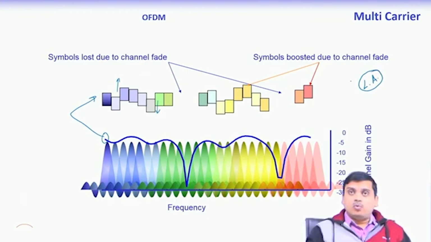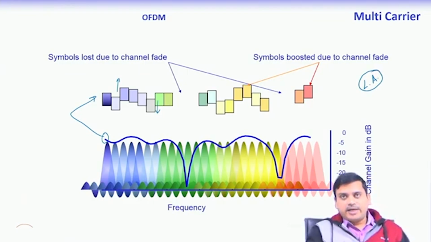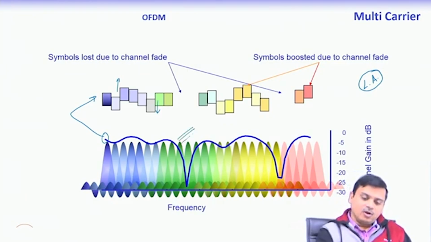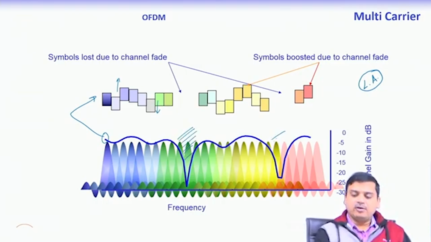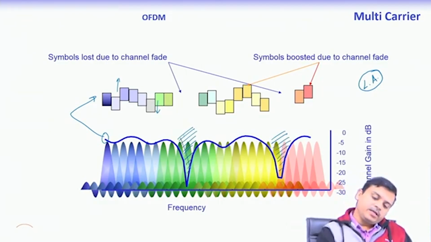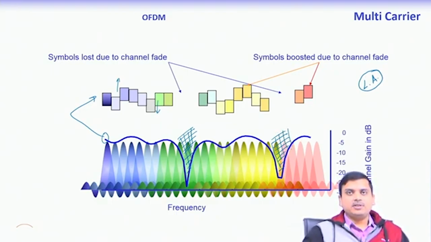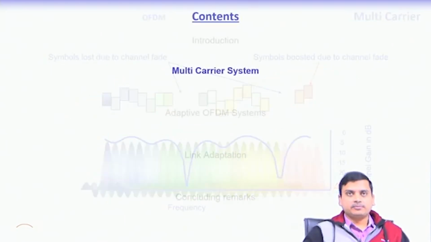But while we have seen the positive side of it, the negative side is that there is a lot of loss also, and these are not recoverable losses. One can argue that I can go for error correction codes and recover, but deep fading losses are always difficult to recover.